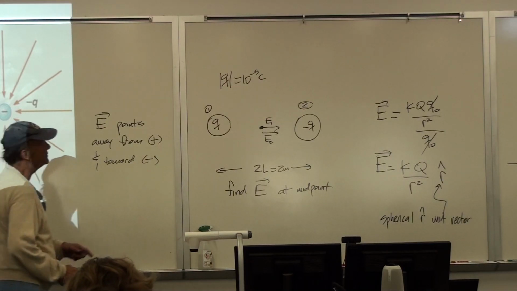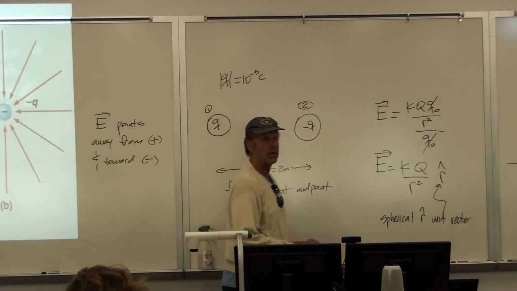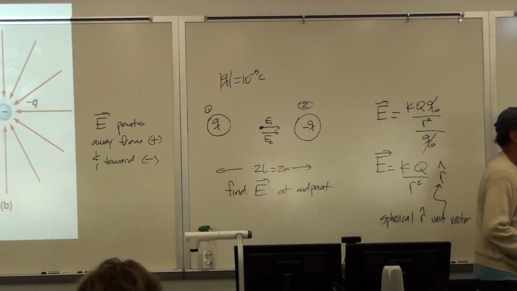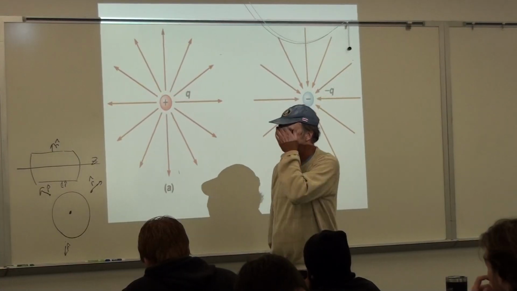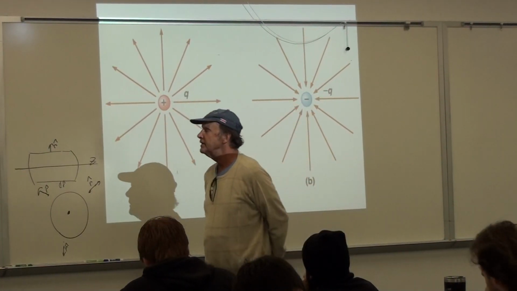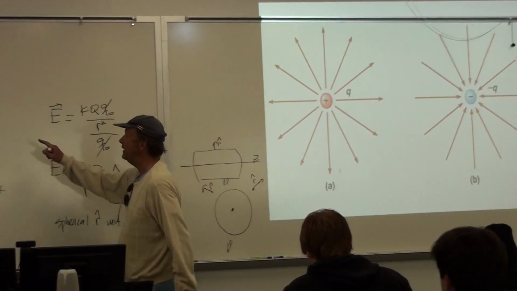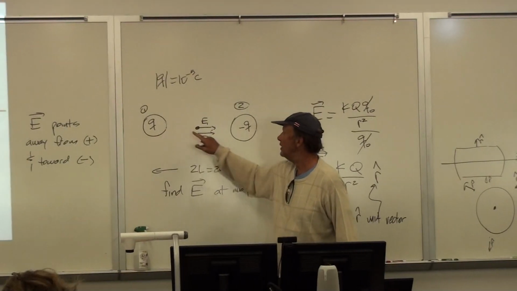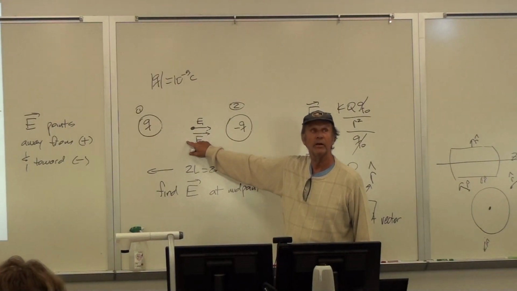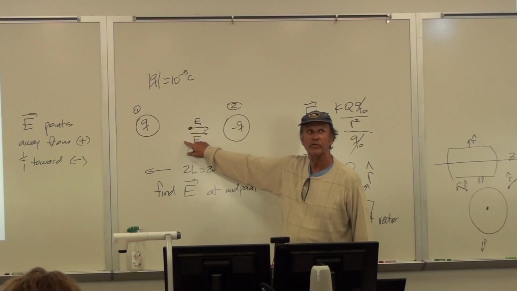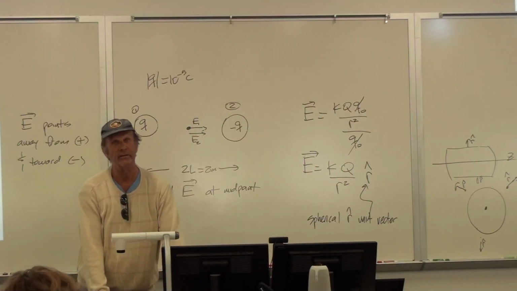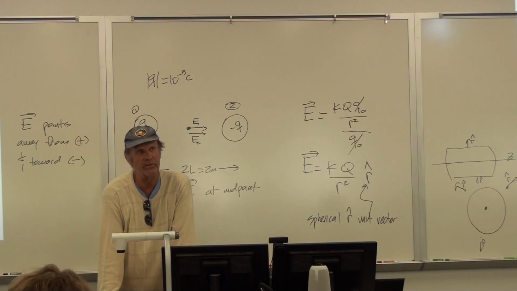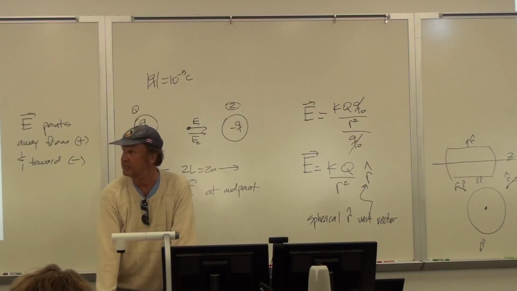Okay, so this is not the force between the two charges. This is what people get mixed up on. It is the effect on the space produced by these two charges at another location. So why is that useful? Well, because now, once I know what the electric field is, I can put another charge there, and I can figure out the force.